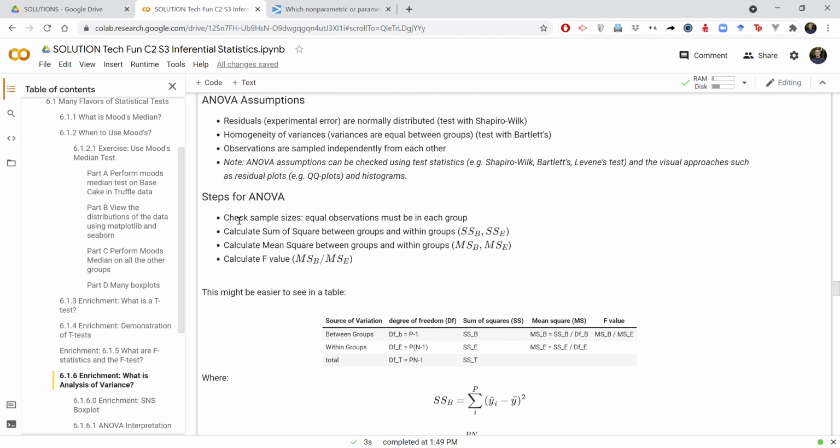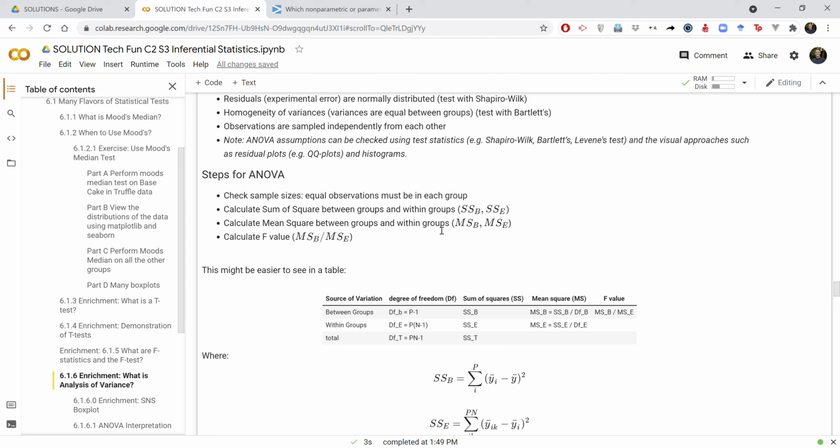Steps for ANOVA. Check sample sizes. Equal observations must be in each group. Calculate the sum of squares between groups and within groups. Calculate the mean square between groups and within groups, which is based off the sum of squares, just normalized by the degrees of freedom, as we're indicating in the table down here.